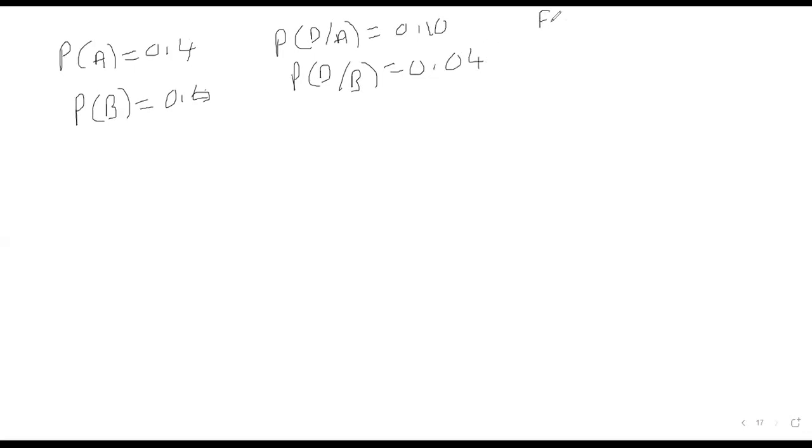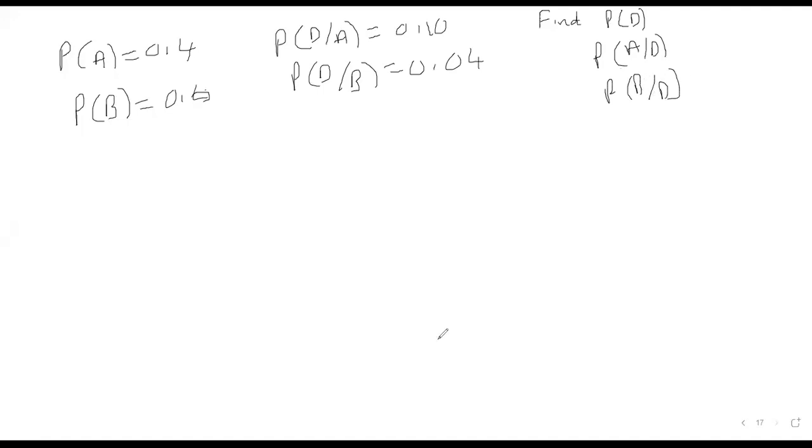We're being asked to find three things. Number 1, the probability of D. Number 2, the probability of A given D. And number 3, the probability of B given D.